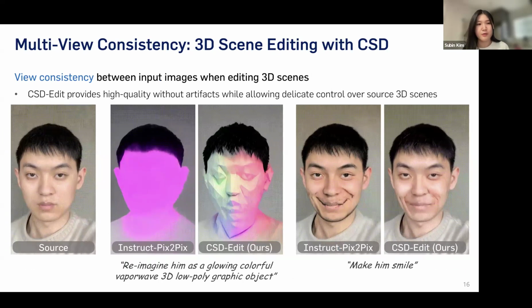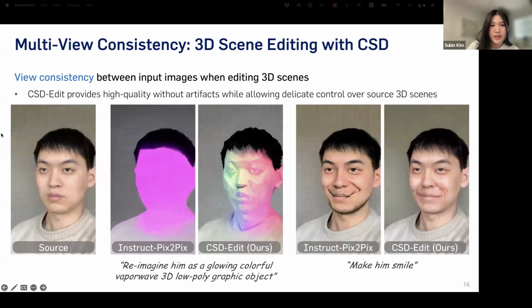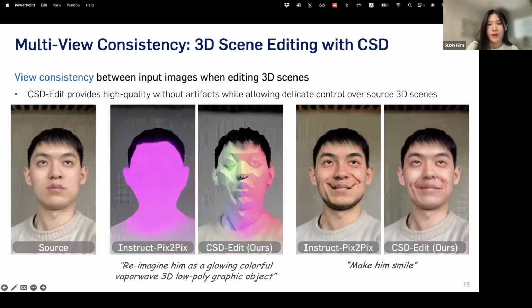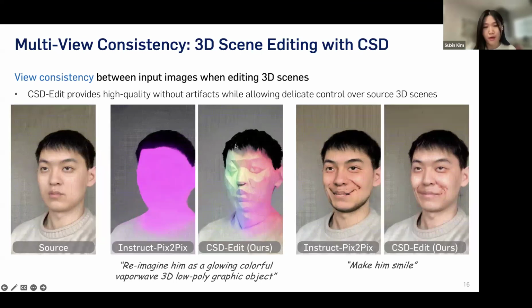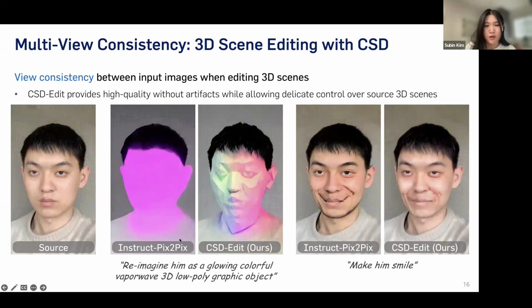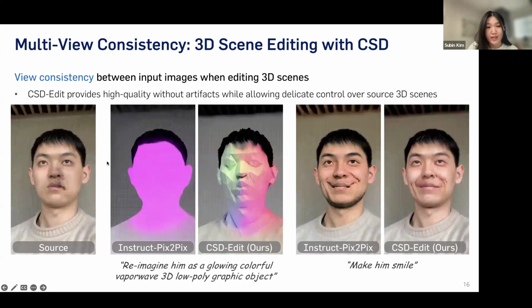So this is another example. When you have a source 3D scene, we can make him a glowing colorful graphic object, and we can also make him smile. But without our method, it does not give a very detailed image of him. It loses the detail of the original image, because when you edit 3D scenes, there are multiple views of the scene.